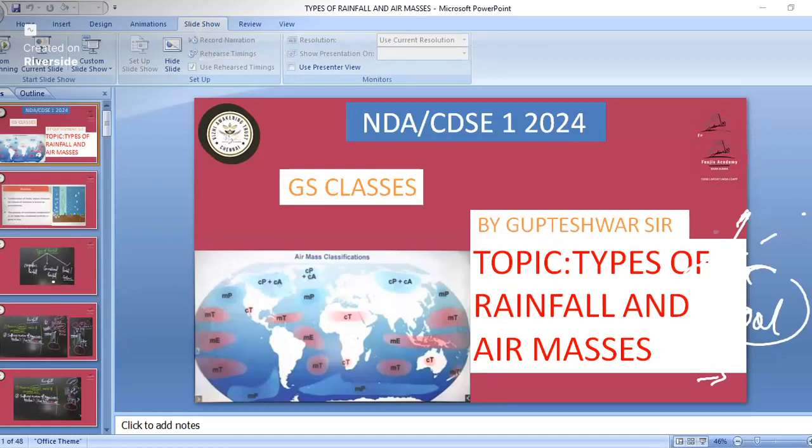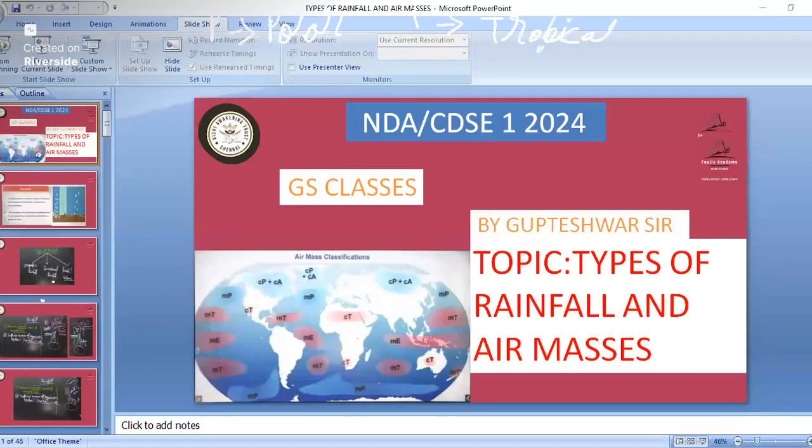Now there are different types of air mass, for example maritime polar. To remember all this, you must remember these letters. P means polar. T means tropical. Don't say temperate, T means tropical.